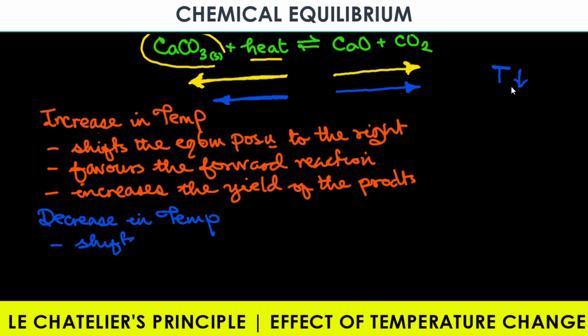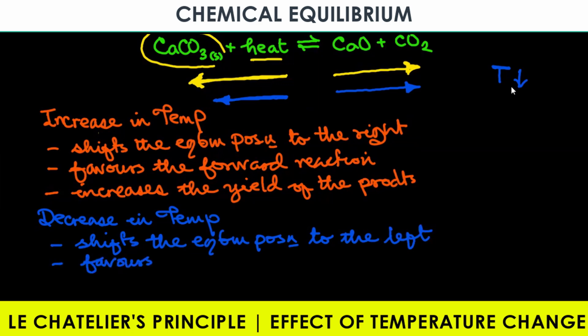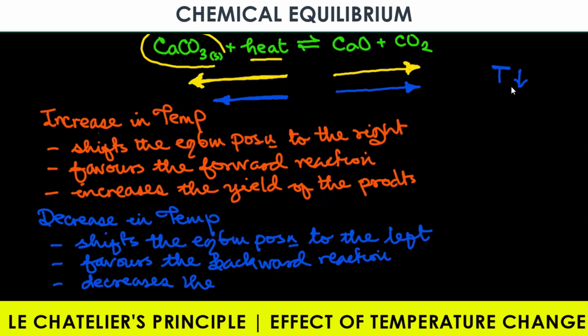Shifts the equilibrium position to the left, favors the backward reaction, and then decreases the yield of the product.